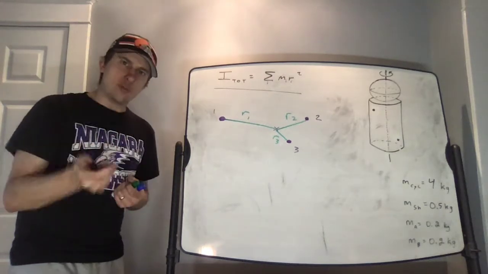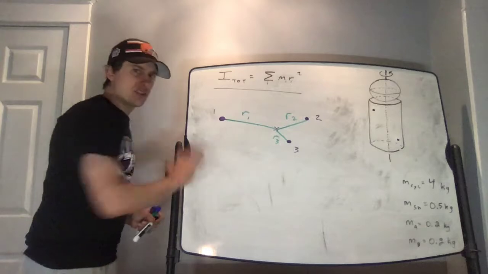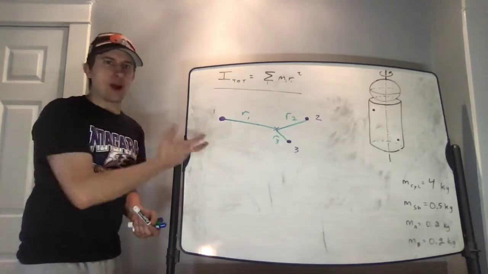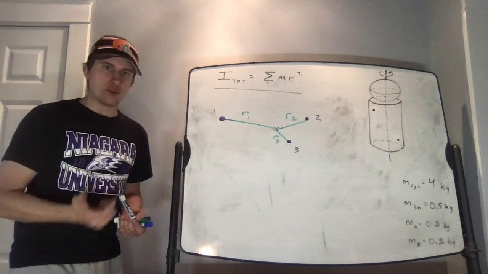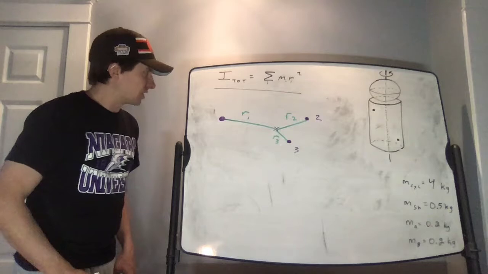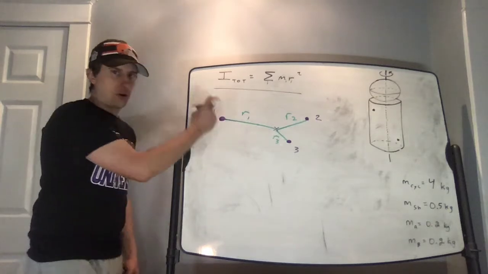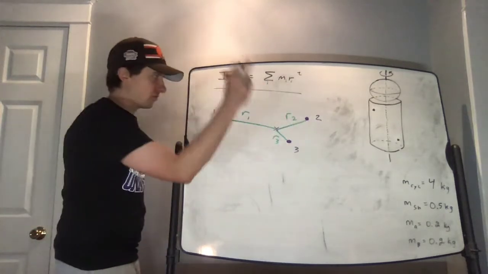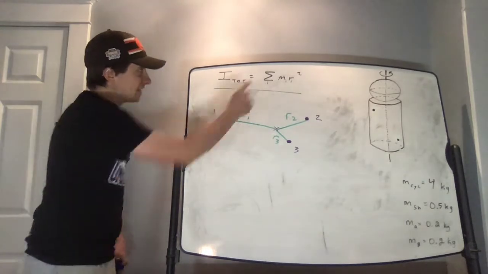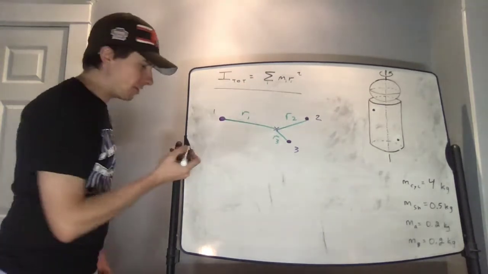The total moment of inertia of the entire system, I'm not asking about the moment of inertia of a particle, I'm asking about the moment of inertia of this system of particles, all of them combined, is going to be the moment of inertia of particle 1 plus the moment of inertia of particle 2 plus the moment of inertia of particle 3. That's the summation term I have up here.